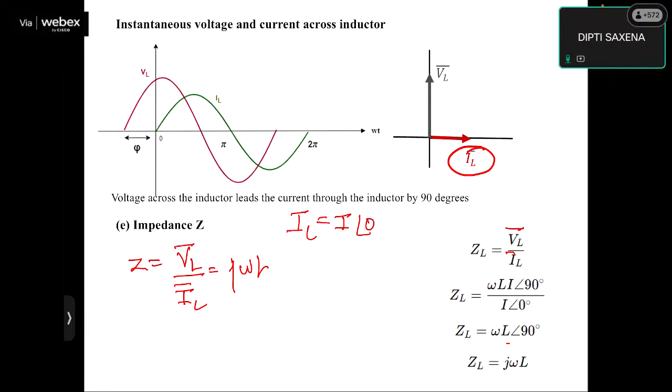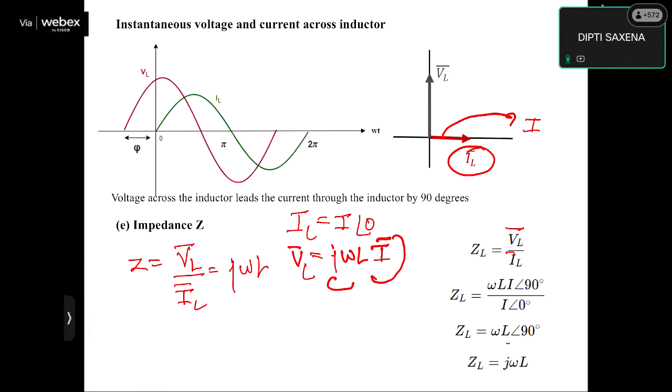The length of this phasor will be equal to the RMS value of the current, and it is along the horizontal line. Now look at VL. VL is equal to jωLI, that is, the phasor I is multiplied by the operator j. So what will be the direction of VL? The direction of VL will be 90 degrees anticlockwise to I. Do you remember?